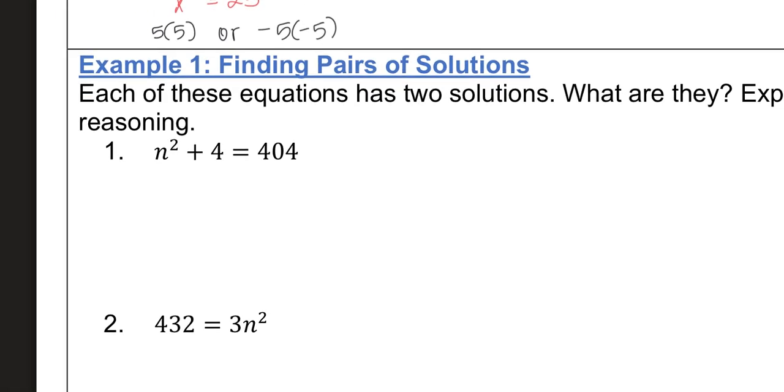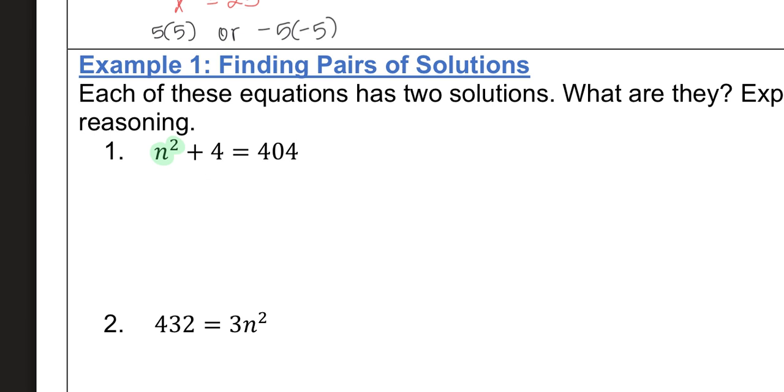Okay, so we're going to go through now actually solving these and finding the solutions. What we want to do is look in our equation and isolate our variable, just like we did back in unit 2. Here my variable is n and it has that power of 2, so that is what we want to isolate first. That means I need to get rid of the +4.